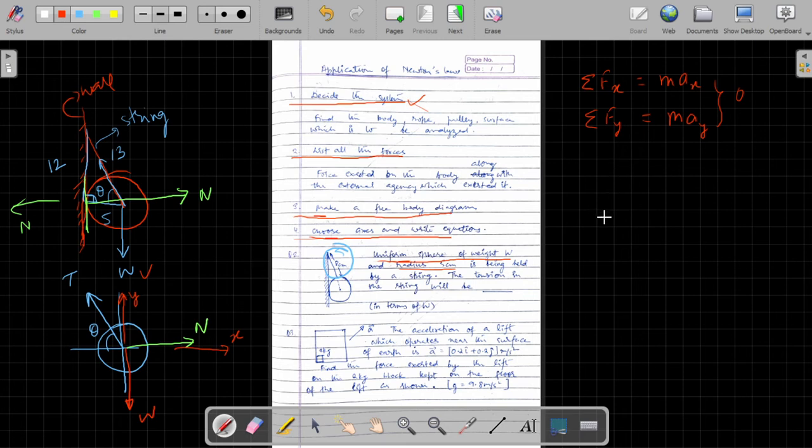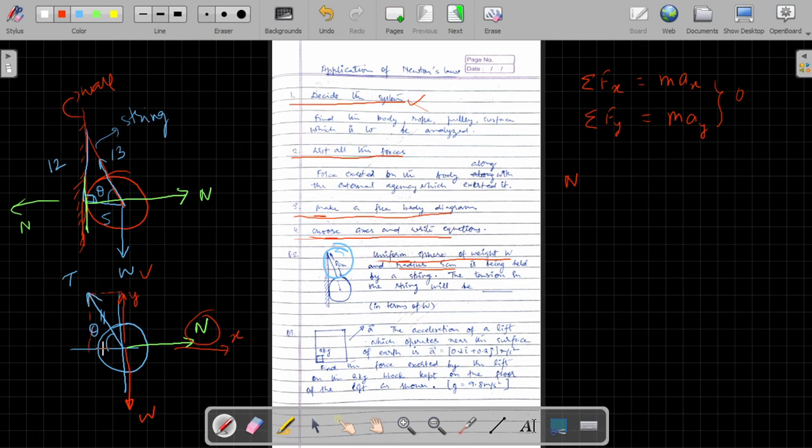So if we are to write the forces acting on the block in x direction, simply the normal force acts in x direction, and the component of tension would act in x direction. So to take the component of tension, we are going to resolve tension in two directions.